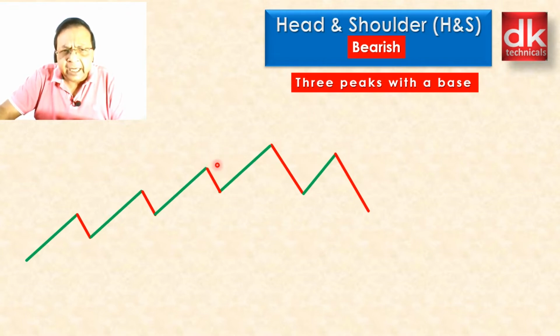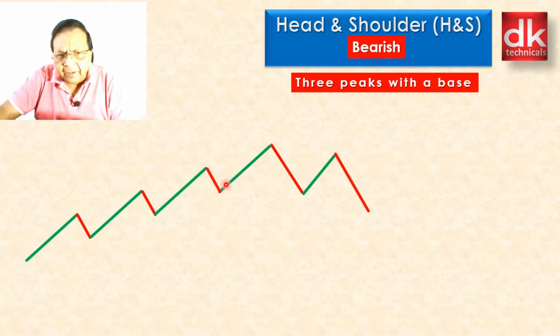So this is the left peak, peak number 1, which is lower than this peak, and this is the highest peak. The market corrects, then again makes a right peak. So this is called the left shoulder and this is called the right shoulder, and the price corrects to break this level. When we join these two lines, the market corrected here and the correction halted here.